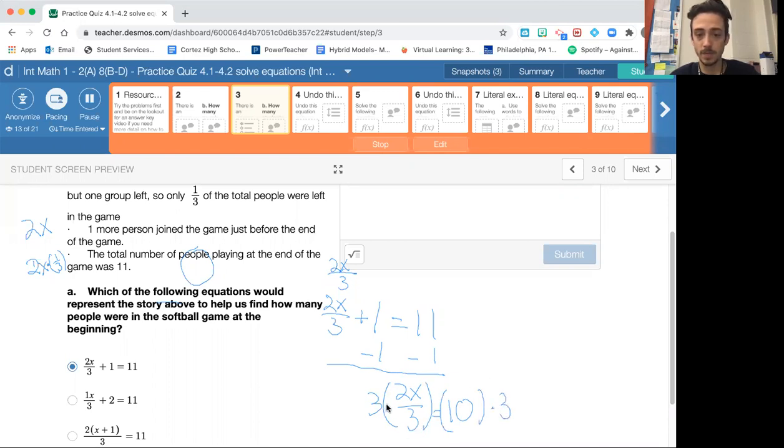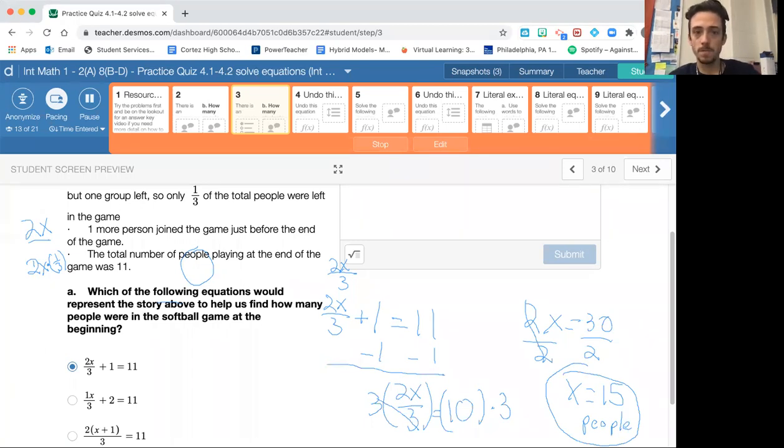Again, think opposites here. 3's cancel, you're left with 2x equals 30. Divide both sides by 2. The undoing of multiplication right here. x equals 15. And this would be 15 people playing softball. There you go.